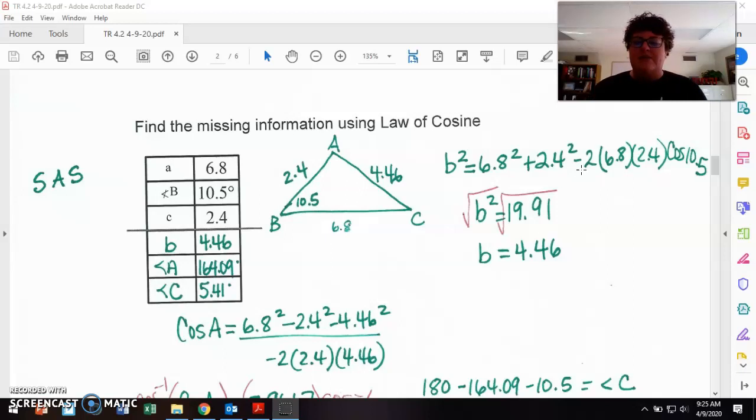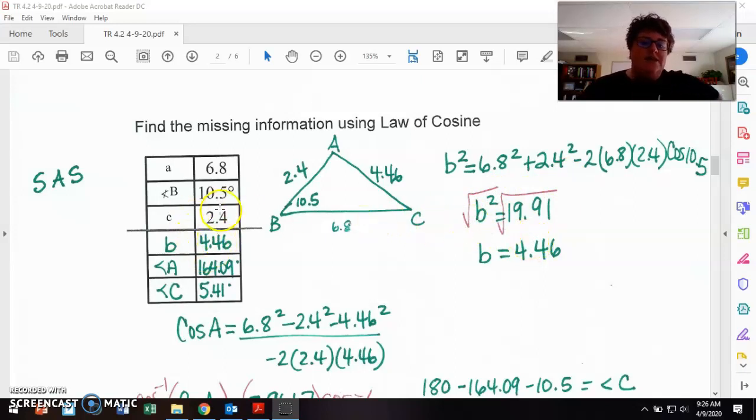So make sure that your numbers are matching my numbers. If not, I can always Zoom with you and we can talk about your calculator input, or I'm going to make a video of that later this afternoon when I get my document cam back. Now, once you find B, it's 4.46.